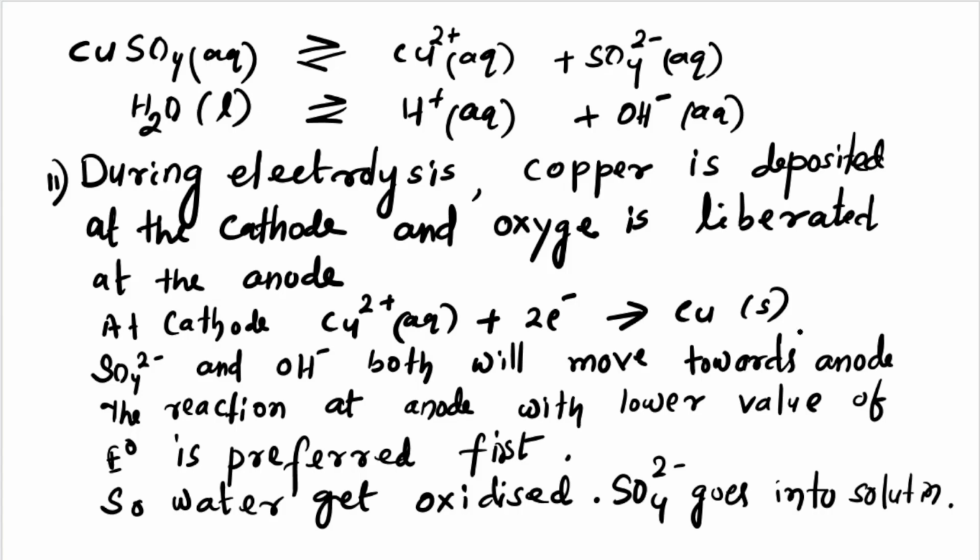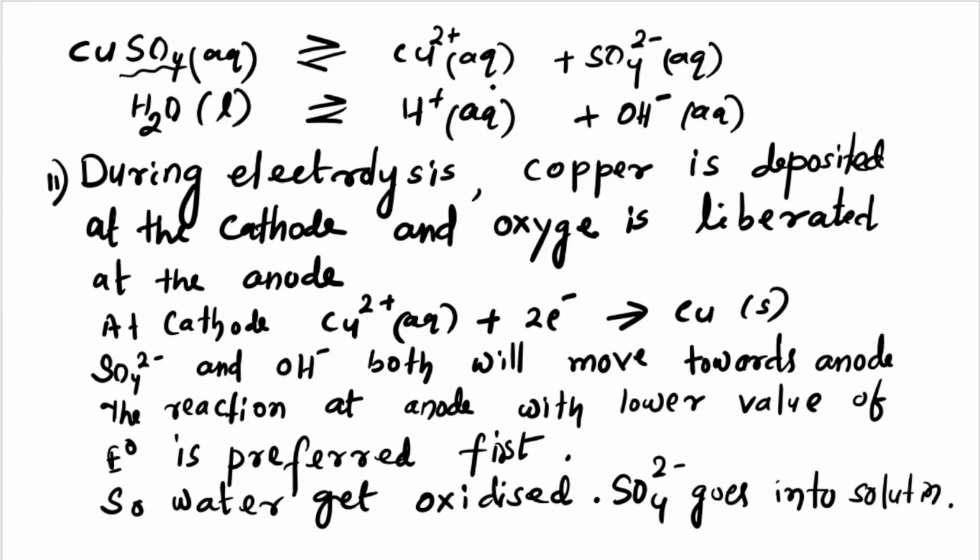Copper sulfate in water, aqueous, gives Cu2+ (aq) and SO4 2- (aq), and the reversible sign means that when Cu2+ (aq) and SO4 2- (aq) come together, they form the reactant again.